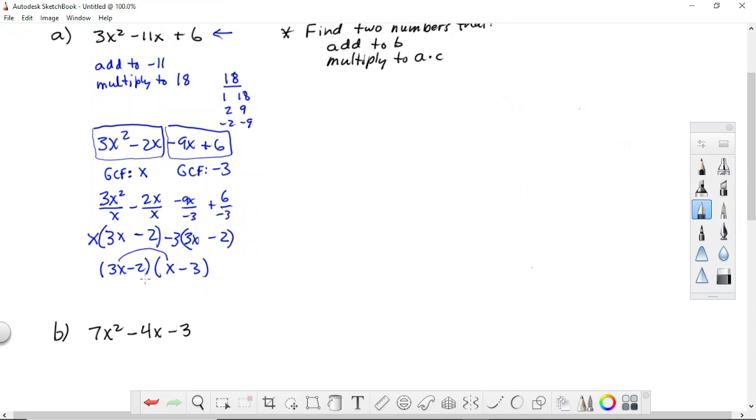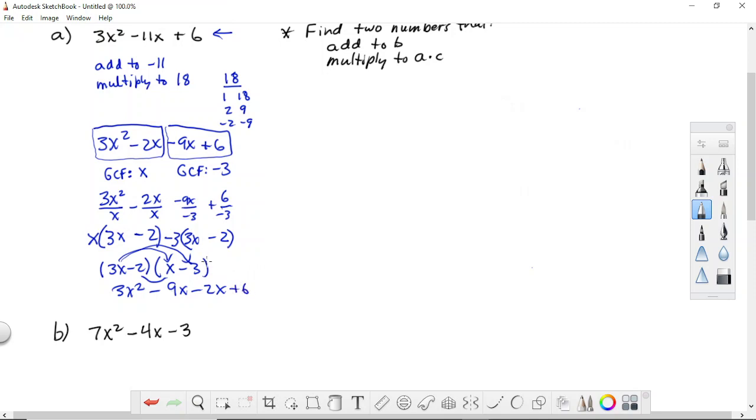3x times x, 3x squared, 3x times 3, negative 9x, and then negative 2 times x, negative 2x, and negative 2 times negative 3 is positive 6. So this is pretty neat.